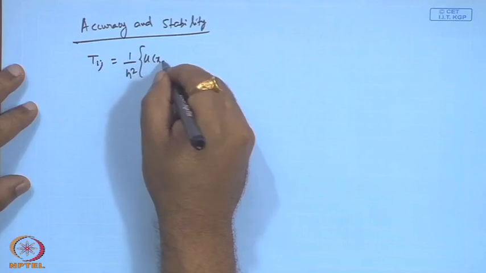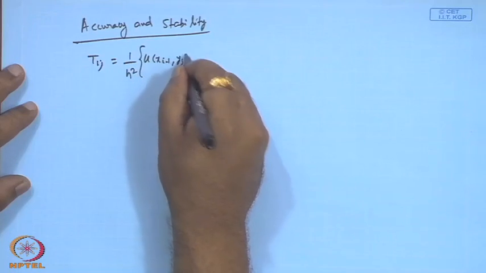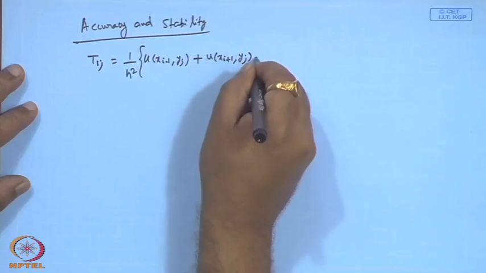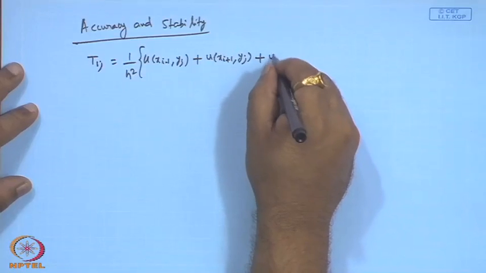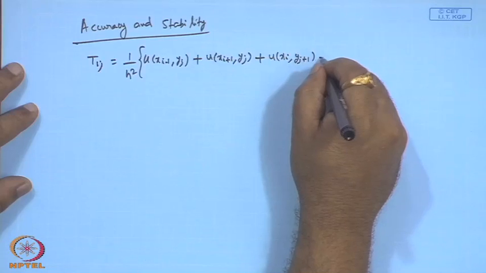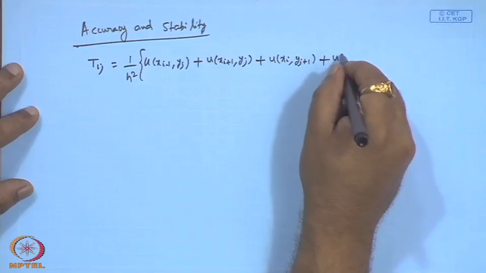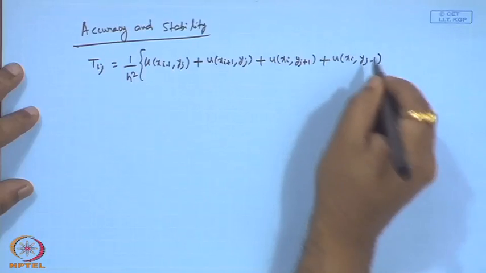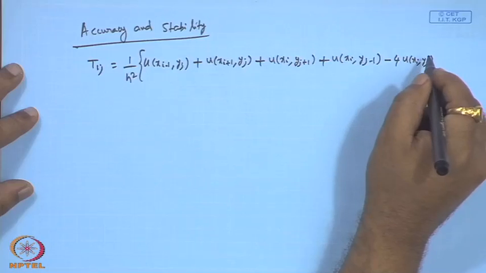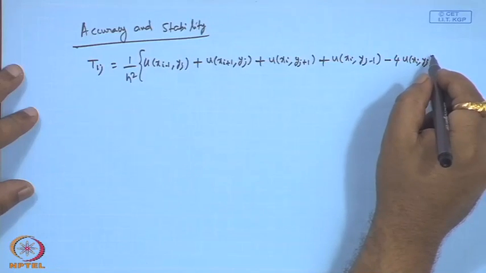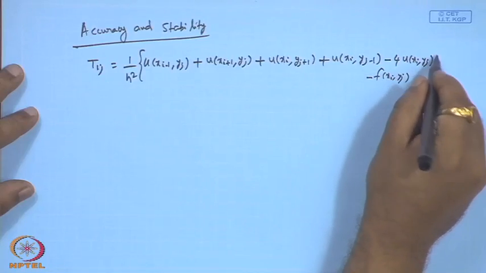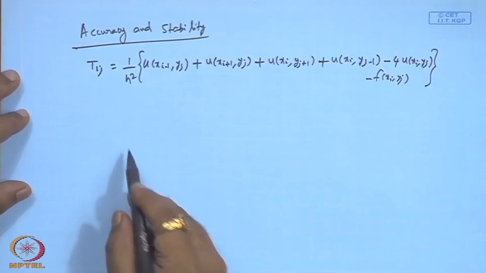u(x_{i-1}, y_j) + u(x_{i+1}, y_j) + u(x_i, y_{j+1}) + u(x_i, y_{j-1}) - 4u(x_i, y_j), if it is the Laplacian, and then if you have a non-homogeneous equation, we have an f. So, this is the error. Okay.